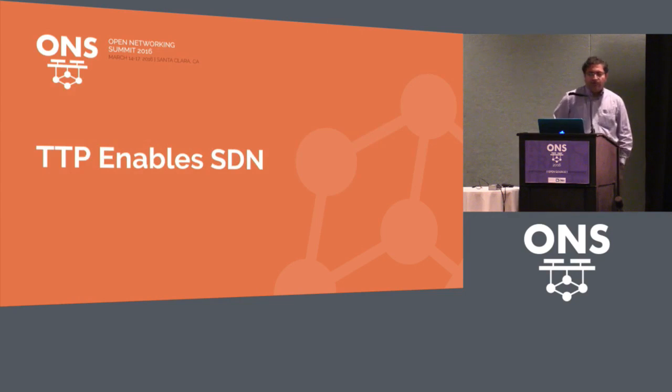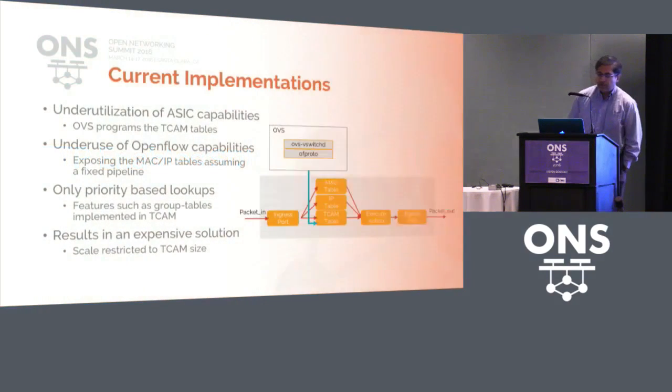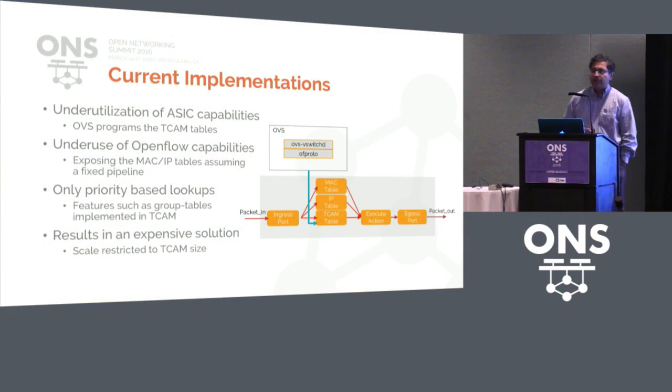So what I will follow up with is some of the changes that we have made, some of the problems that were identified, and what helped us to shape what TTP is today, right? So if you look at some of the current implementations of forwarding in most of the open vendor switches around the OVS model, around the OpenFlow model, you have a singular type of forwarding decision that you can make.